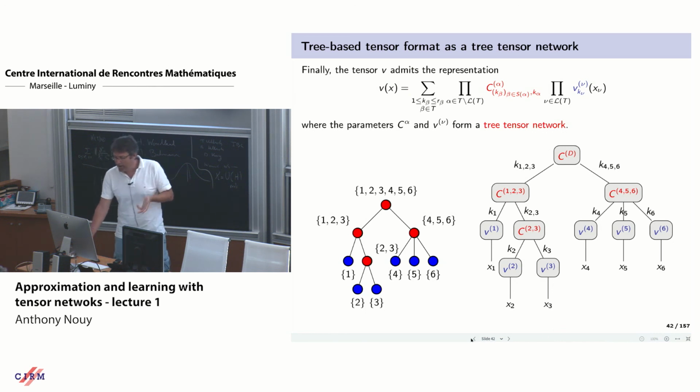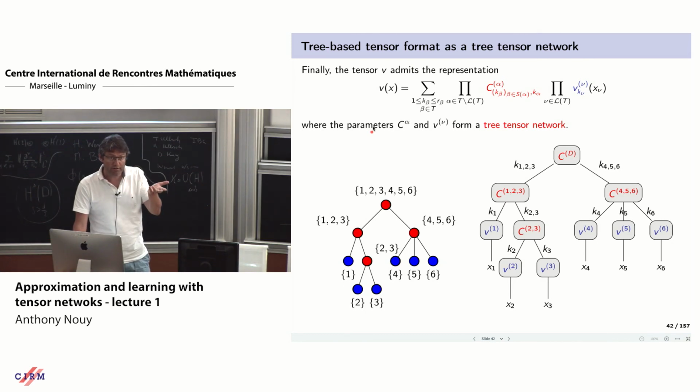So we now have an explicit representation of an element of the tree-based tensor format, with respect to parameters that are given by these core tensors and these functions. I can go a little bit further.